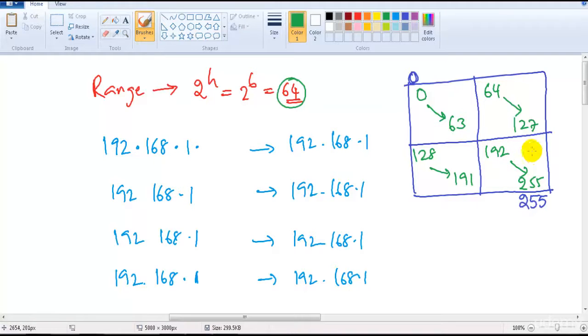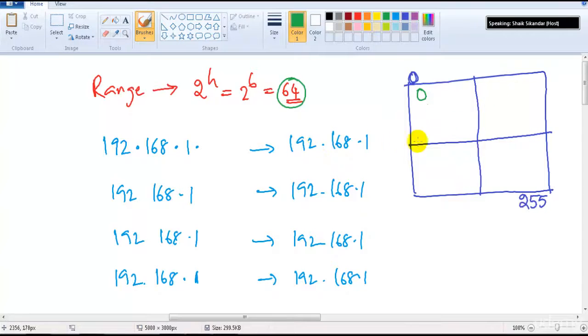We just need to write a group of 64 addresses as part of one network. Either we can write it like this, or I generally prefer another way: 0, plus 64 will be the next network, plus 64 the next network, plus 64 the next network.